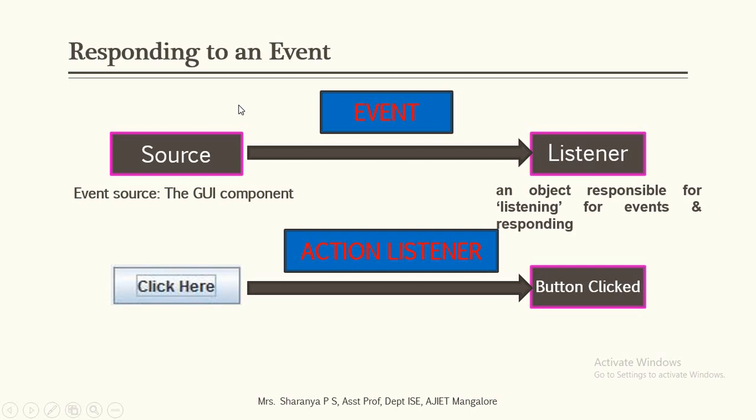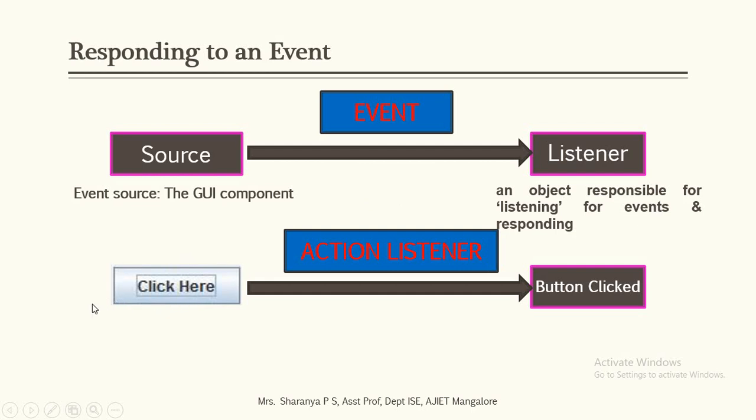Source is the component responsible for generating the event, and listener is the object that listens for some event and responds to it. And the event is what is generated from the source. Along with this, in order to build the connection between the source and the listener, we refer to the object which gives the information regarding what kind of event has been generated.